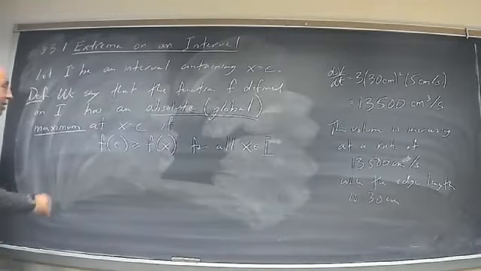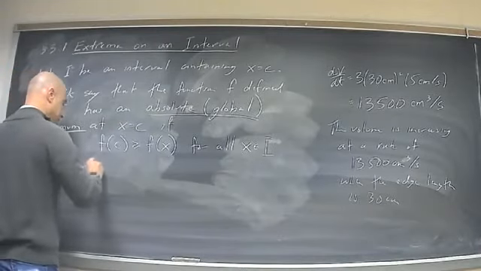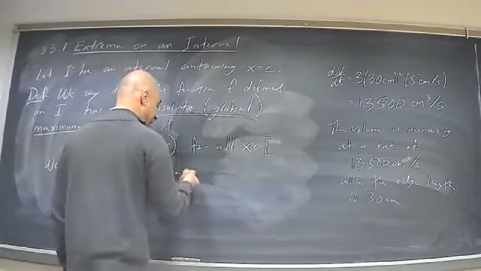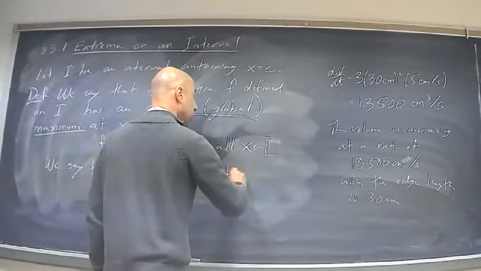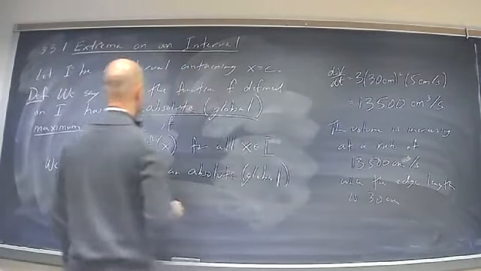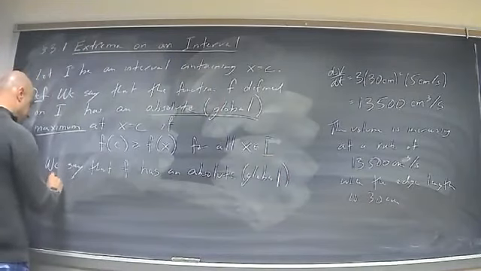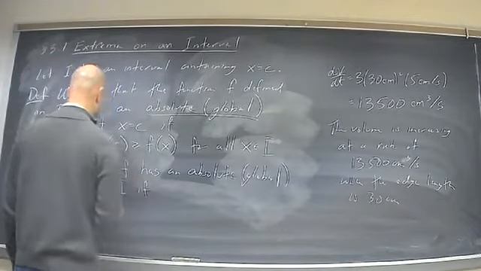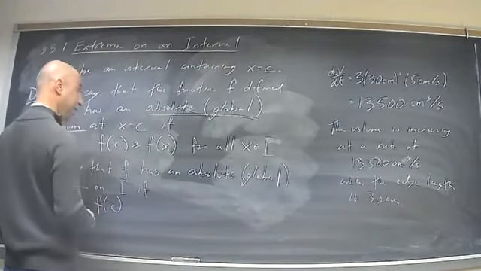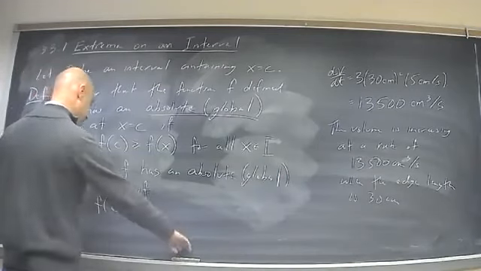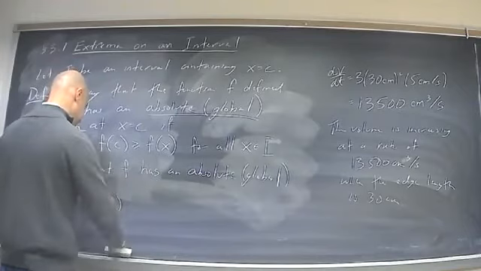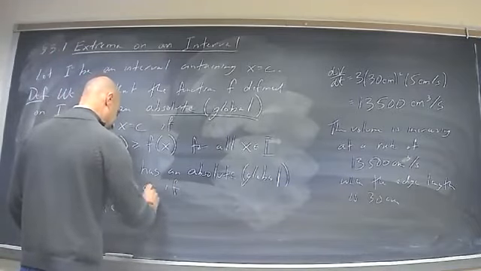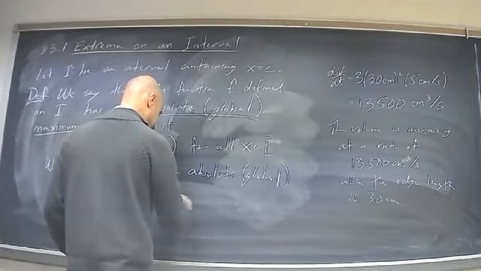And likewise, we say f has an absolute or global minimum on I at x equals c if f of c is less than or equal to f of x for all x in I. I'm going to use a symbol for "for all" this time.